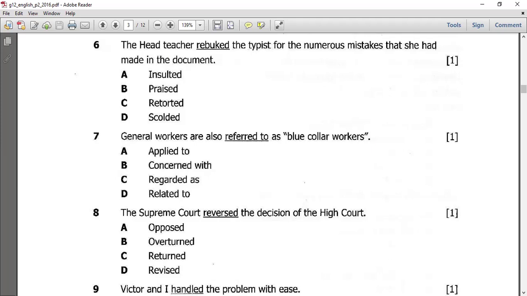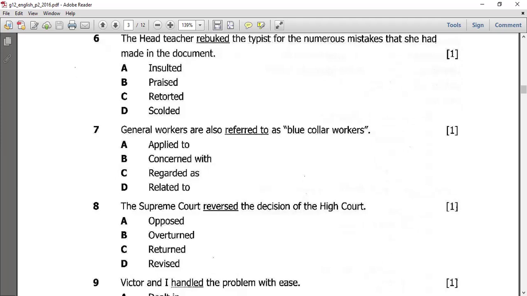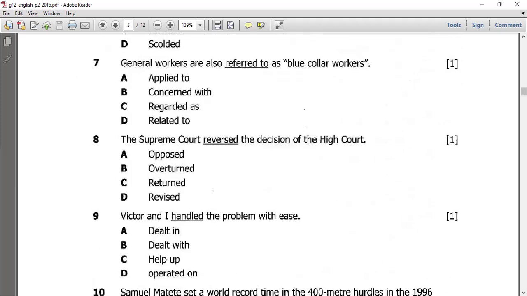To scold someone is to rebuke someone, to tell someone that what you did was wrong. It isn't insulting, because scolding goes with correction and telling someone this was your mistake. All right, we are going to question number 7. General workers are also referred to as blue-collar workers.